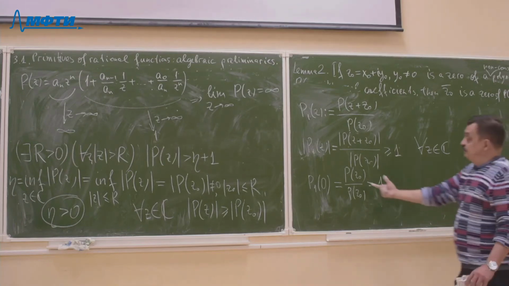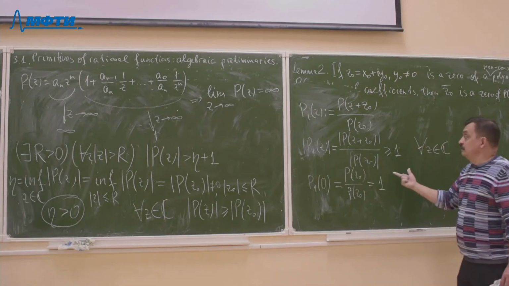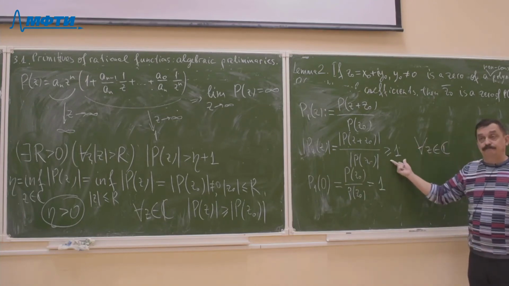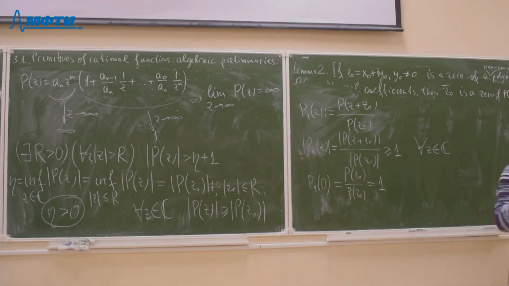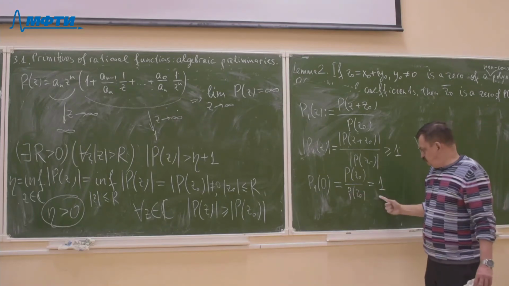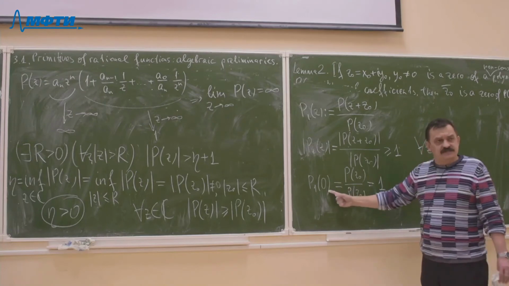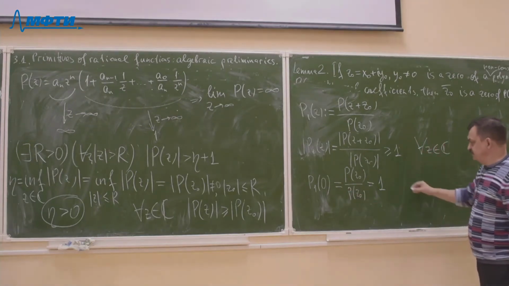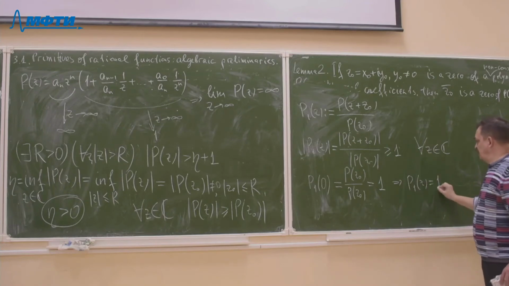P1 of z is a polynomial such that its modulus is greater or equal than 1, and p1 at 0 is precisely 1. And if a polynomial is equal to 1 at 0, we can represent it p1 of z equals 1.